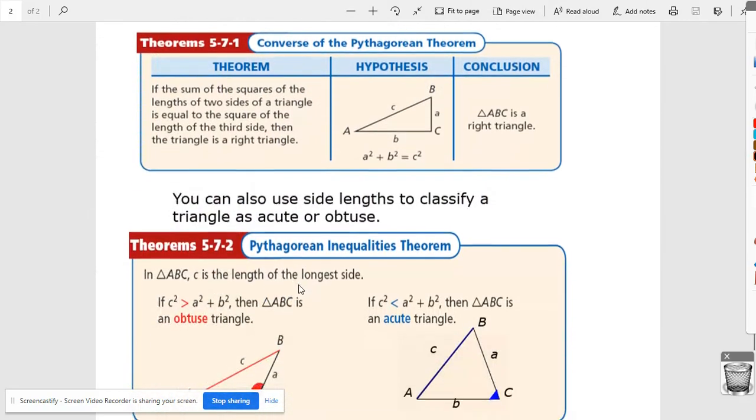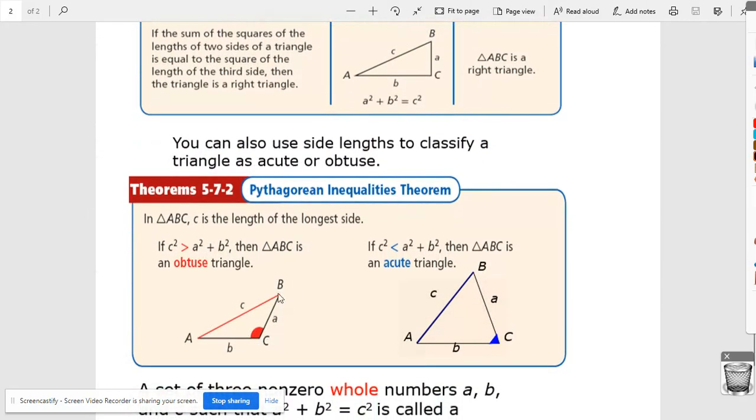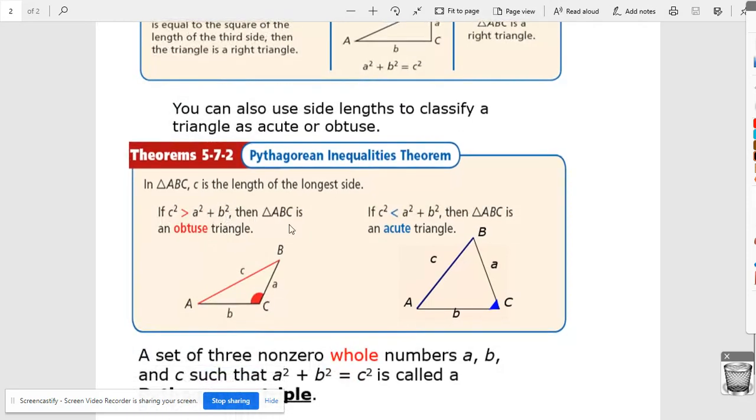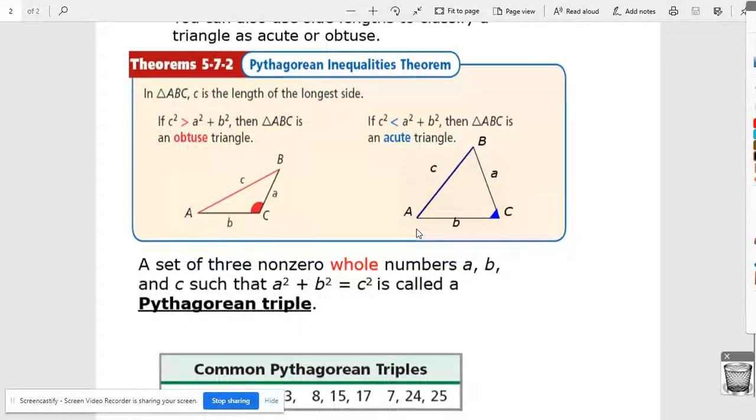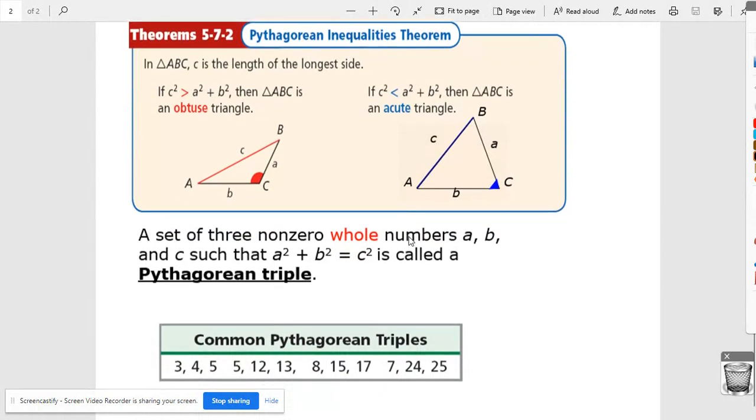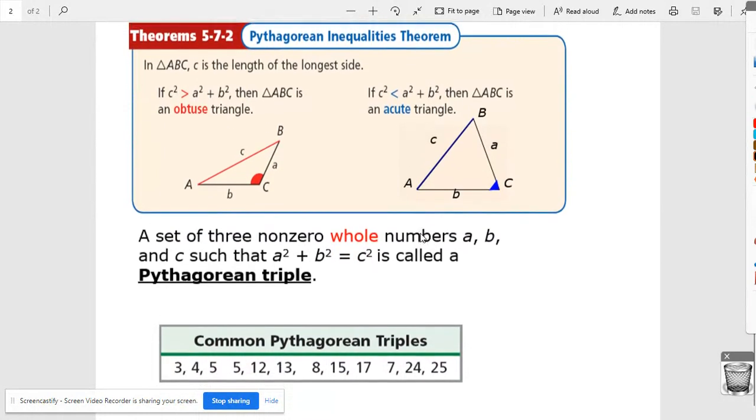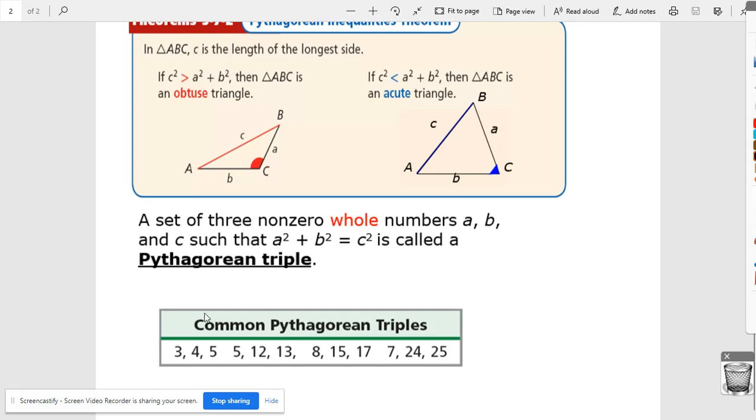But if it does not, we can classify it. So if c squared is greater than a squared plus b squared, then it's got to be obtuse. And if it's less, it has to be acute. Some things to keep in mind here, we have some common Pythagorean triples. A Pythagorean triple is numbers a, b, and c who work for a squared plus b squared equals c squared.